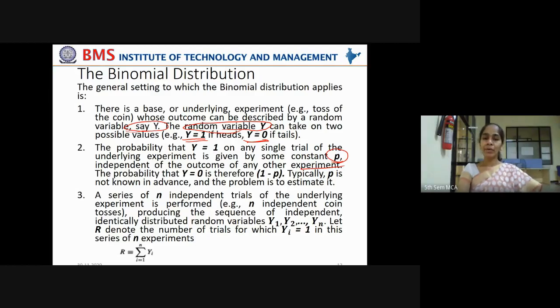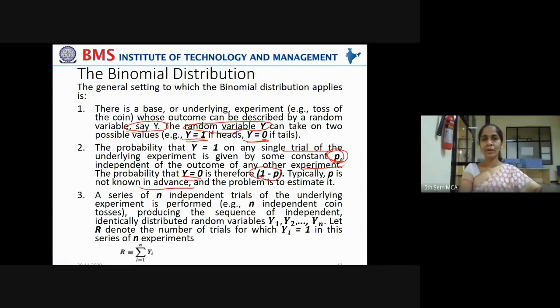Now the probability of getting heads is taken as p, which is independent of the outcome of any other experiment, and the probability that y equals 0, that is getting a tail, can be written as 1 minus p. Because the total probability is 1, if the probability of occurrence of something is p, the probability of non-occurrence is 1 minus p. Now, typically, p is not known in advance.